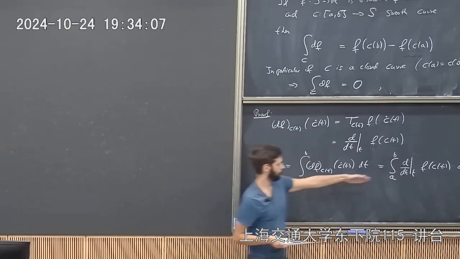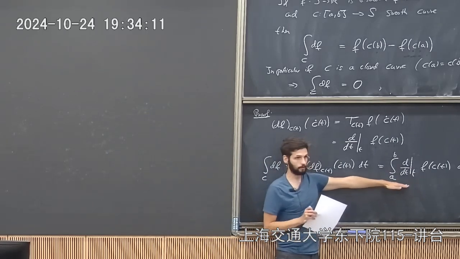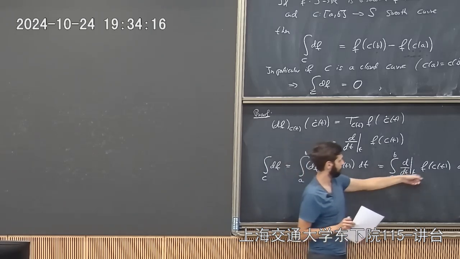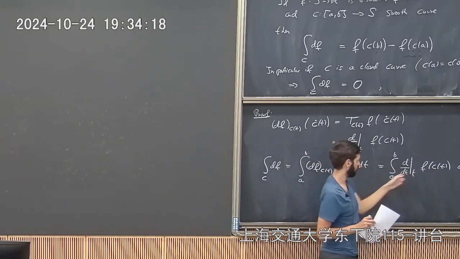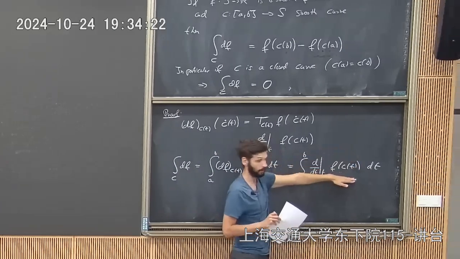But this expression is now just the classical fundamental theorem of calculus. Once you have d dt of a certain expression, then it's really just the evaluation of that expression at the endpoints.